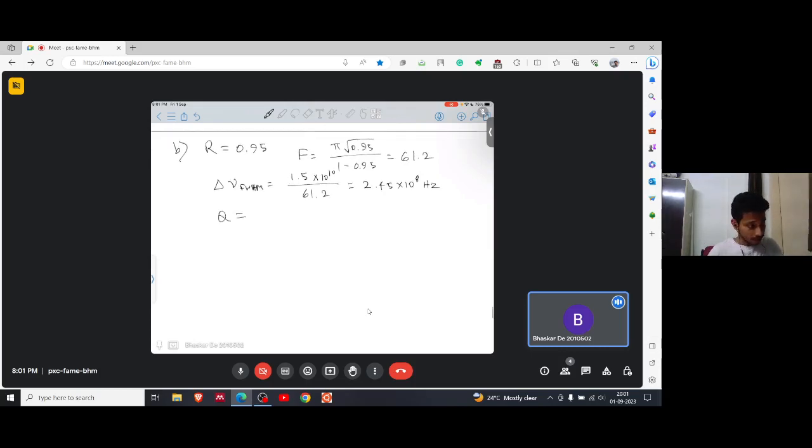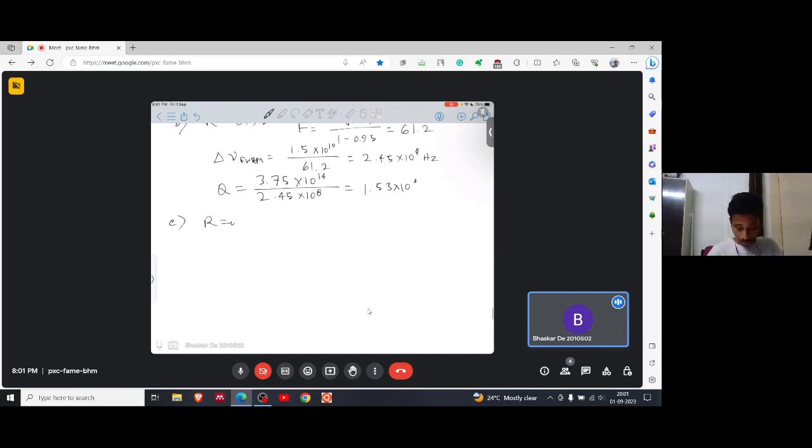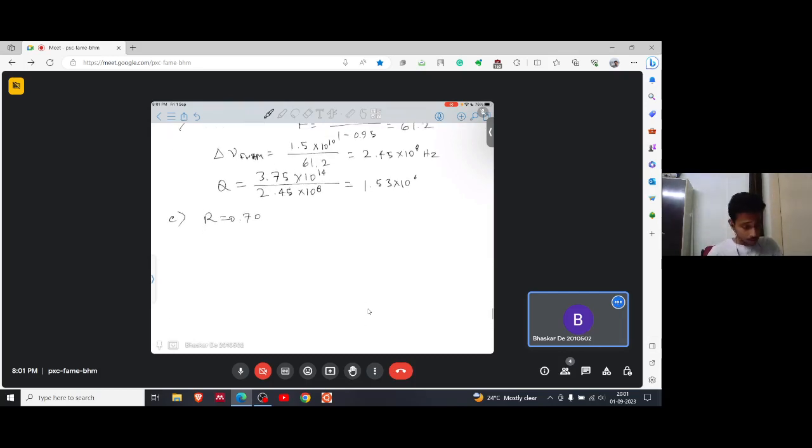Then the quality factor Q equals 3.75 into 10 to the power 14 by 2.45 into 10 to the power 8, which will give 1.53 into 10 to the power 6. Now R equal to 0.70, then F equal to pi root over 0.70 by 1 minus 0.70, that is 8.76.